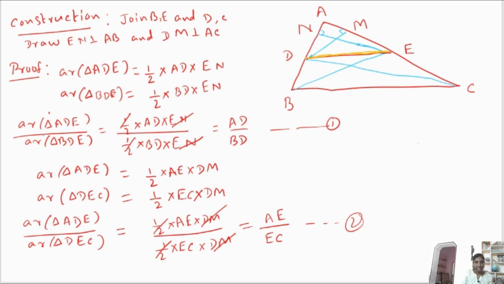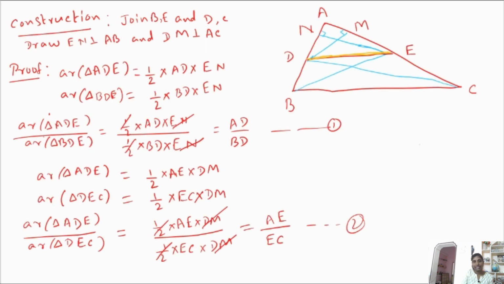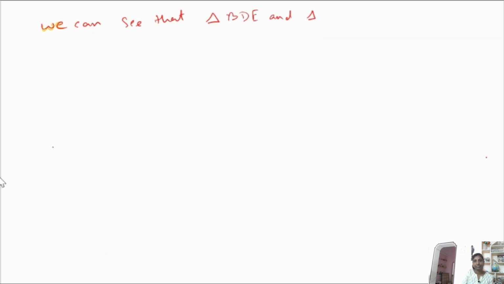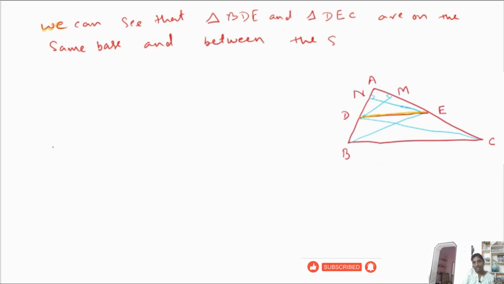So we will write here: we can see that triangle BDE and triangle DEC are on the same base and between the same parallels.